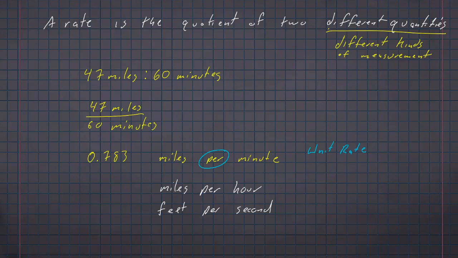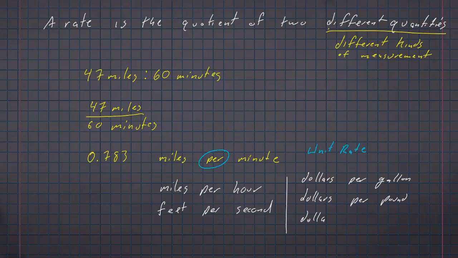measurements for a rate of speed. You can also look at the rate at which you are charged for goods. Dollars per gallon or per pound or per ounce are common ideas there.